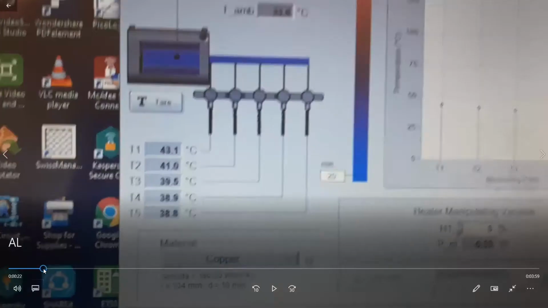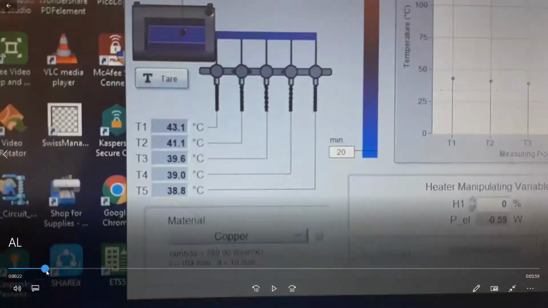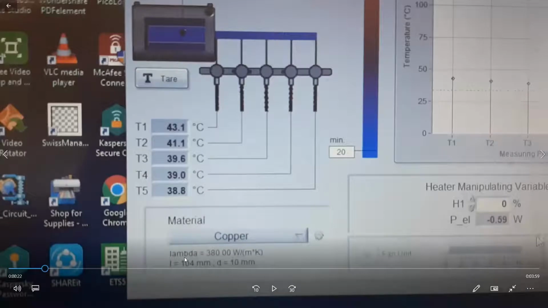You can see copper has 380 thermal conductivity. Copper has high conductivity. Therefore, there is less temperature difference because there is no resistance to the flow of heat from one side to the other.